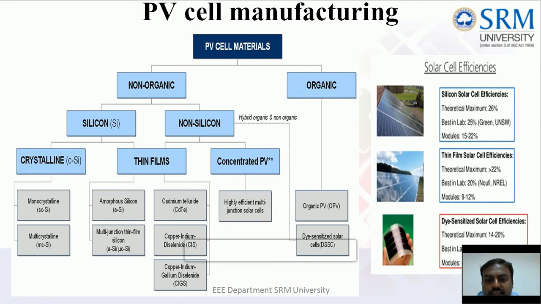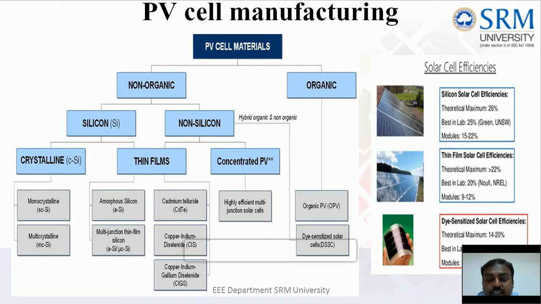In recent days, we are also witnessing dye-sensitized solar cells. In recent years, we are seeing solar cells which are flexible in nature, which can be fitted over the roof of a car or pasted over a glass window in a household. So a lot of research is happening in manufacturing technology.